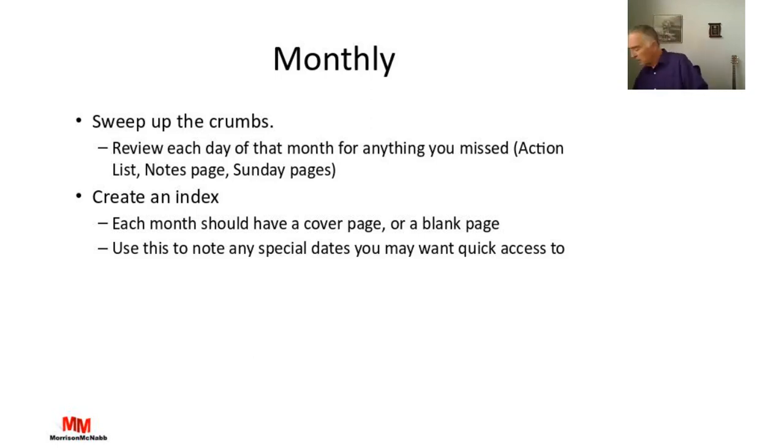You'll go through your month, and if there's anything significant on a particular day that you're going to want to get back to, it may have been the first meeting with a potential client, or you'll just have a handful of these, just a small number of things that I think I might want to get back to, and this will be a quick and easy way for me to get there.